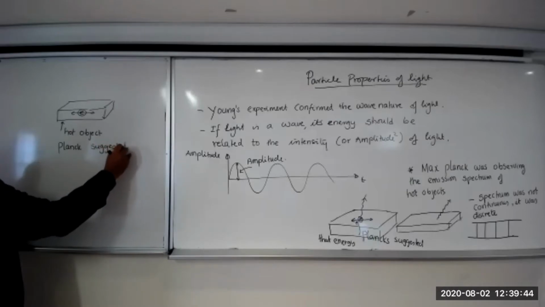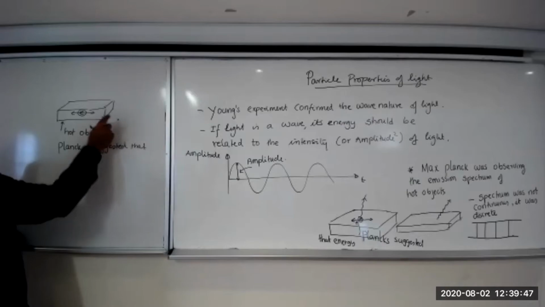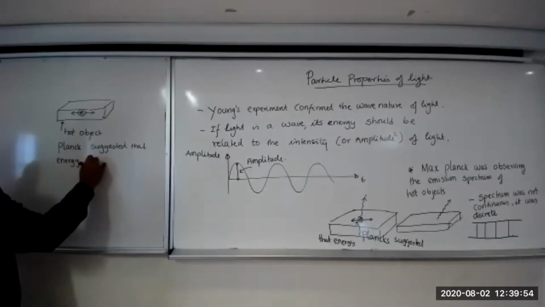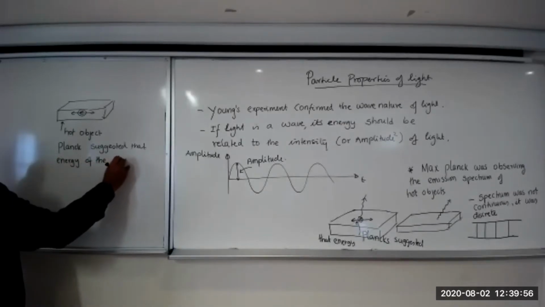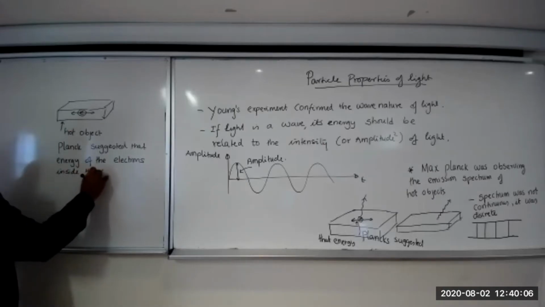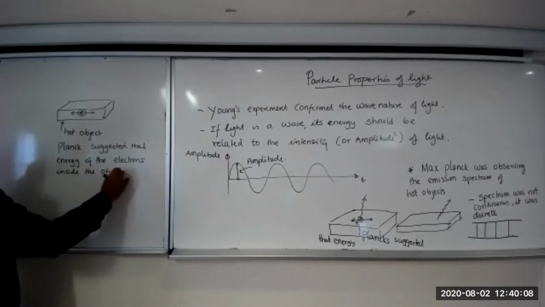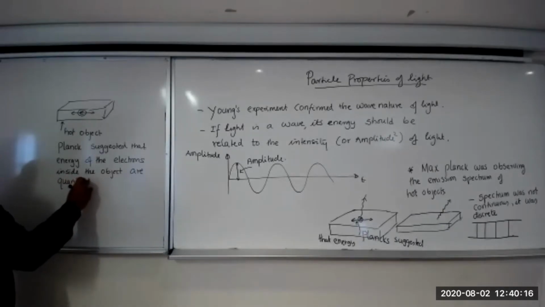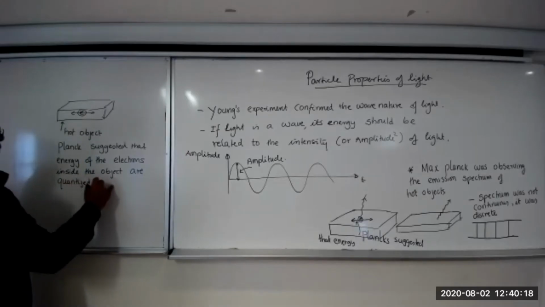Planck suggested that the energy of the electrons or objects are quantized. That means they are not continuous.